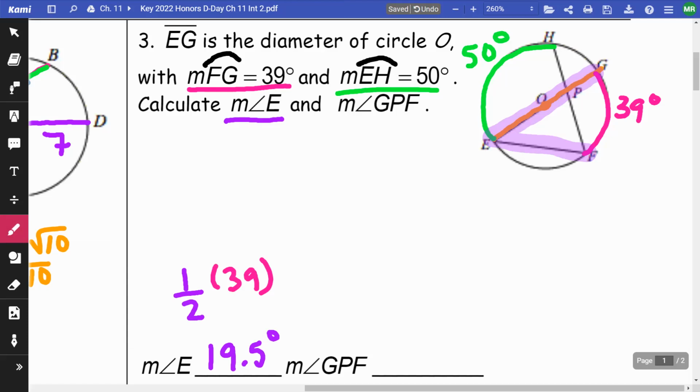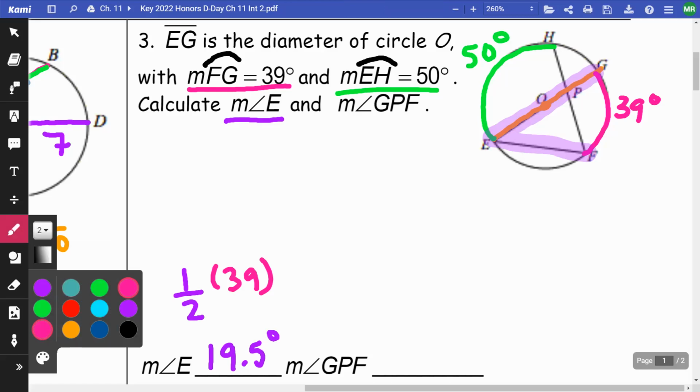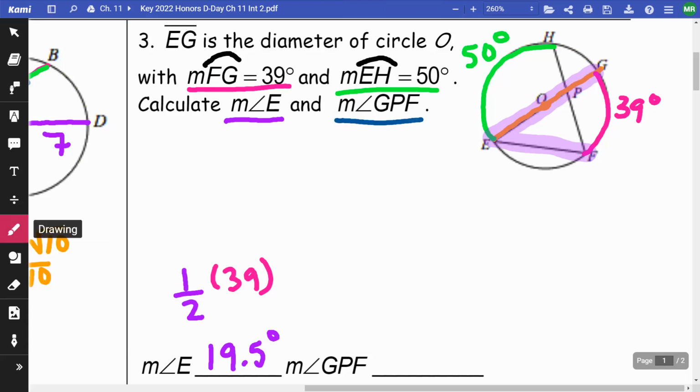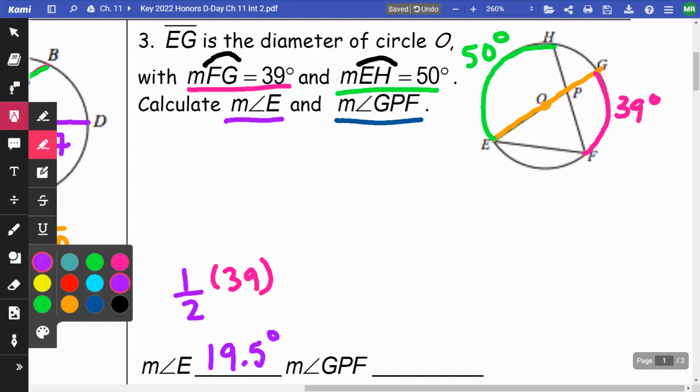Now, I also need to find the measure of angle GPF. So that one, GPF, let me just get rid of this for a second. And so GPF is that angle.